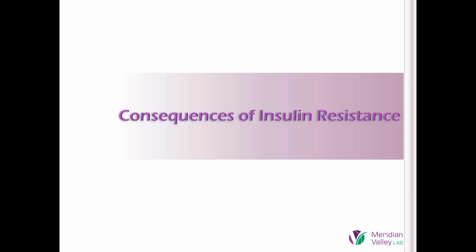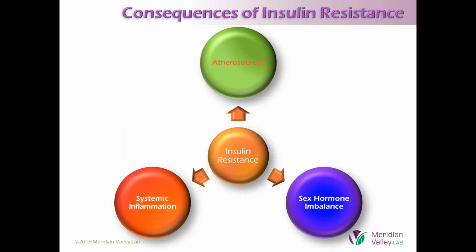And these consequences that I'm going to present to you today lie, for the most part, outside the realm of just pure blood sugar dysregulation. We already know that's a consequence. But the 3 that I'd like to point out today are atherosclerosis, sex hormone imbalance, and systemic inflammation.